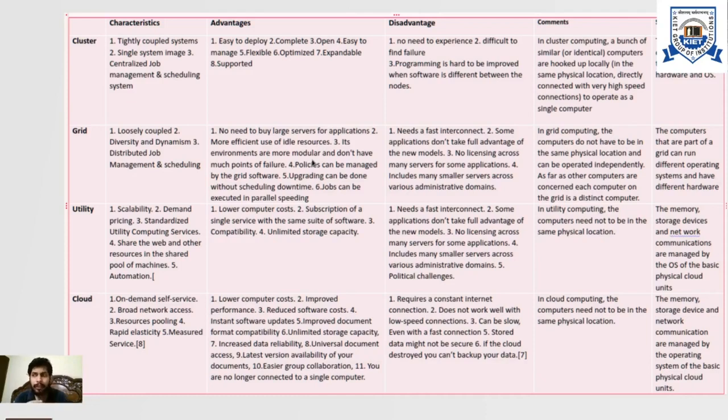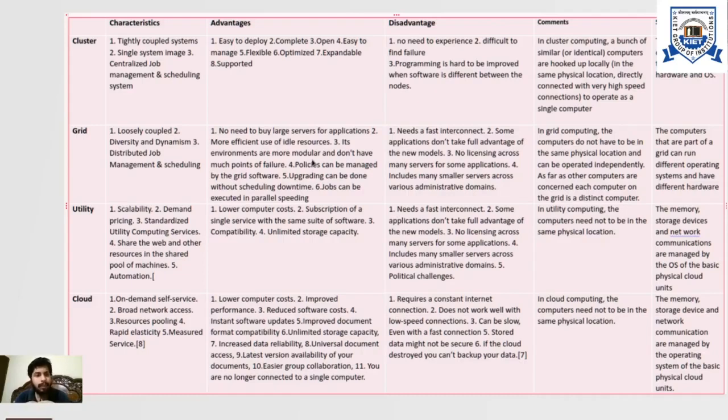In grid computing, they all are loosely coupled. They don't need to be in the same geographical location; all those computers can be in different geographical locations. Then there is diversity and dynamism. Obviously, all those computers can have different hardware and different operating systems, so there is no problem of maintaining the same computer image, the same operating system version, or the same hardware configuration, right?